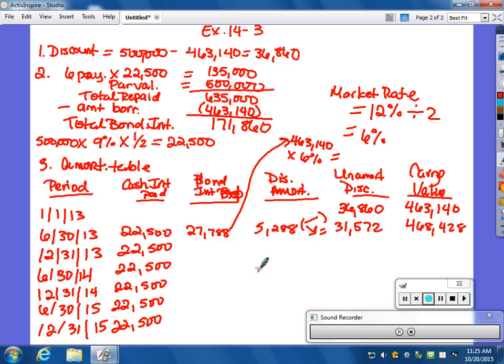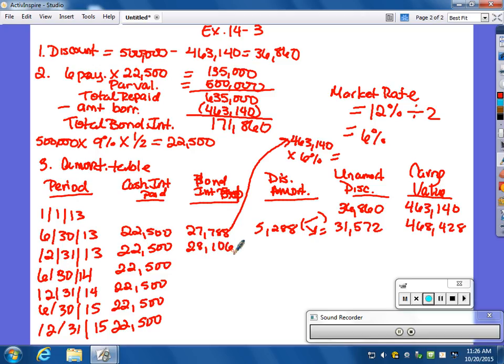Now for 12/31/13, the bond interest amount is what? You're taking this new carrying value of 468,428 and multiplying that times 6%. That's 28,106.